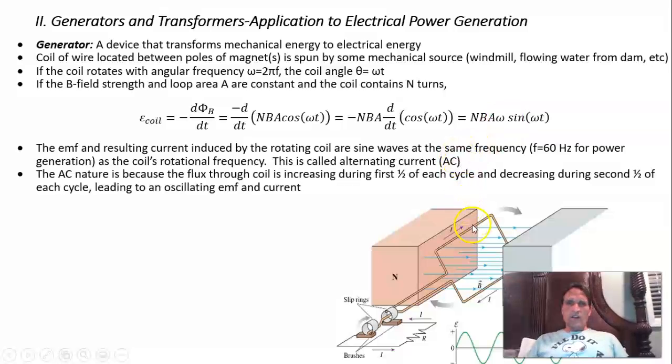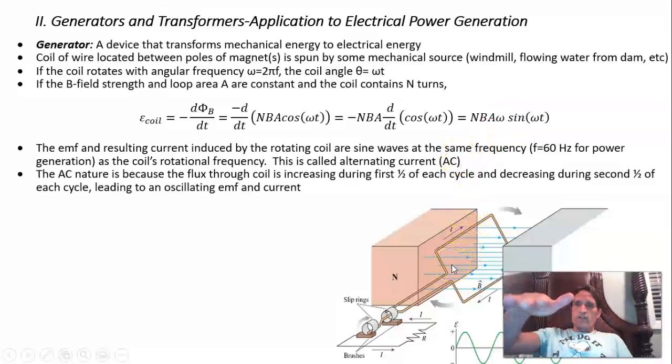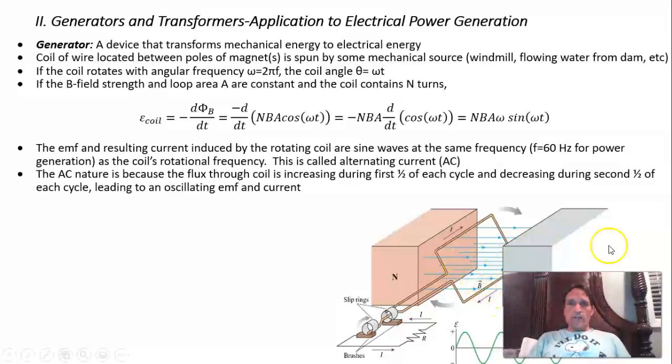And we can see, if we take a quick look here, why that is, okay? So suppose that your coil starts here and it starts to rotate counterclockwise, okay? In the first half of the cycle, the flux is going to be increasing in the loop. And then the second half of the cycle, the flux is going to be decreasing in the loop.